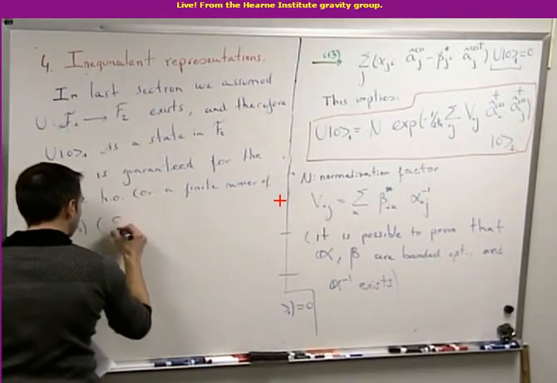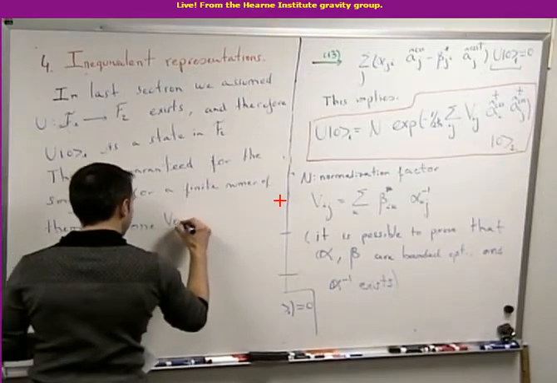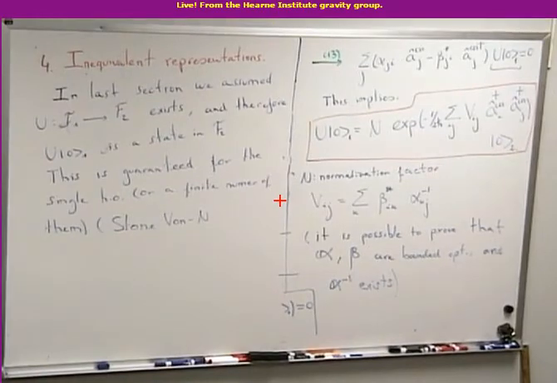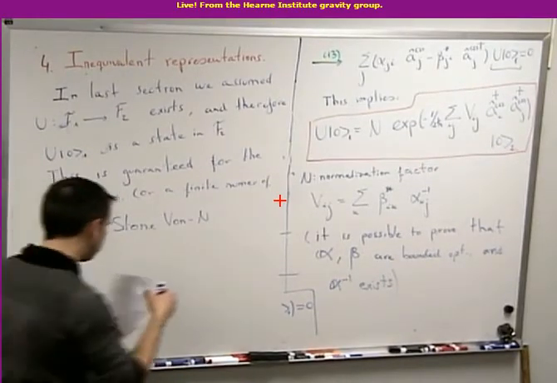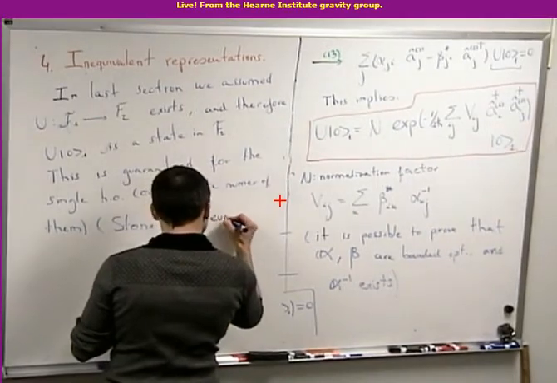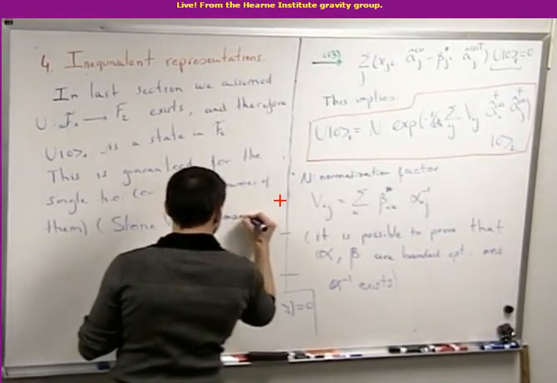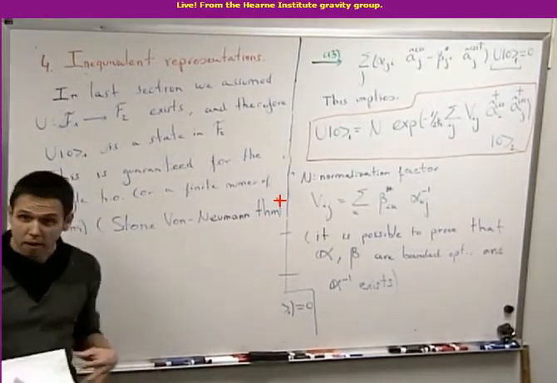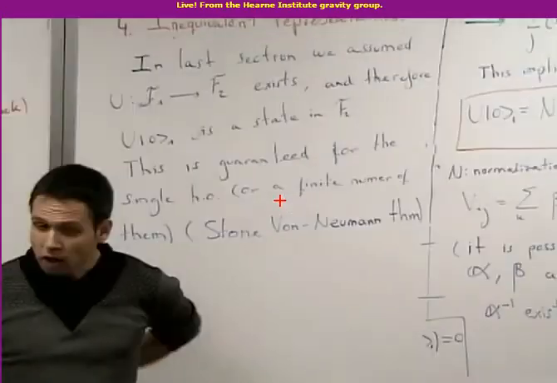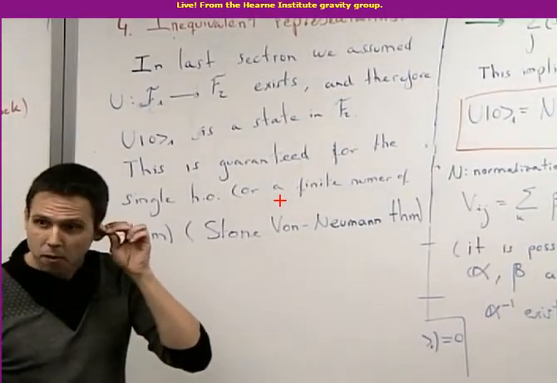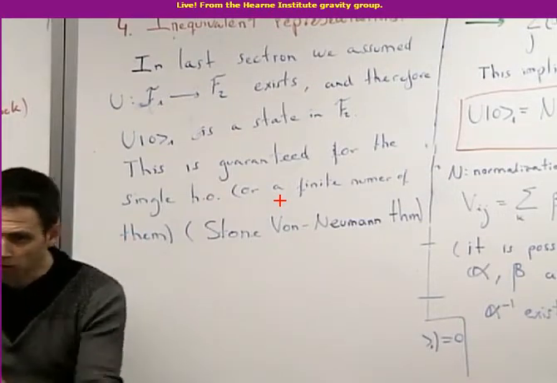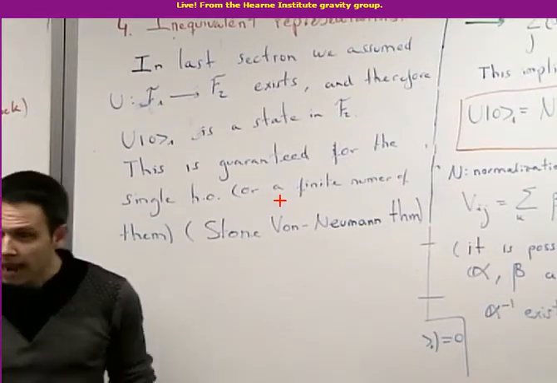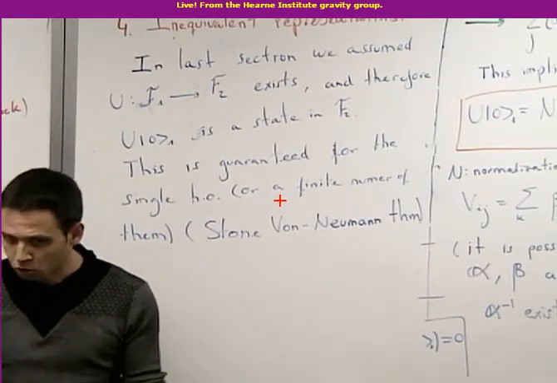There is a theorem called the Stone-von Neumann theorem. I always spell it incorrectly, so let me check it. The theorem tells you that if you have a system with a finite number of degrees of freedom, like 5 harmonic oscillators, 10, 100, 1 million, as long as the number is finite, any two representations are equivalent to each other.